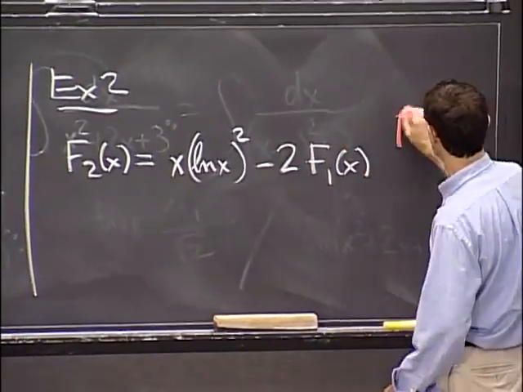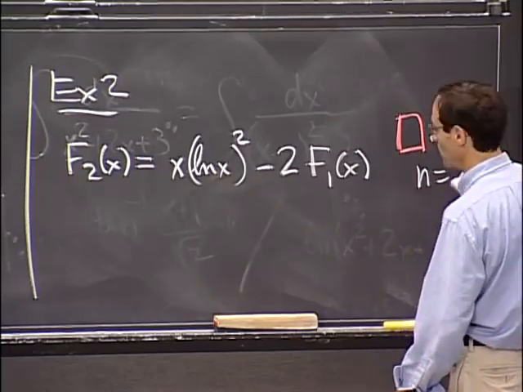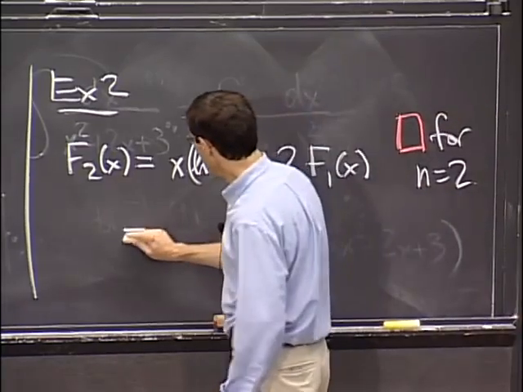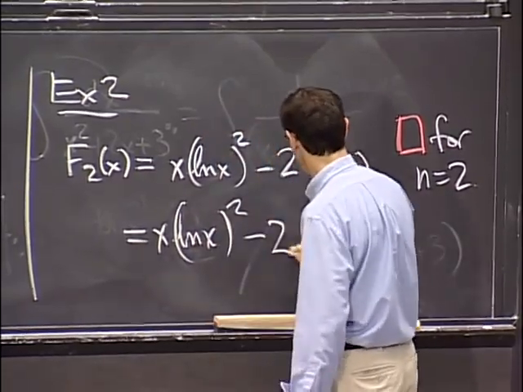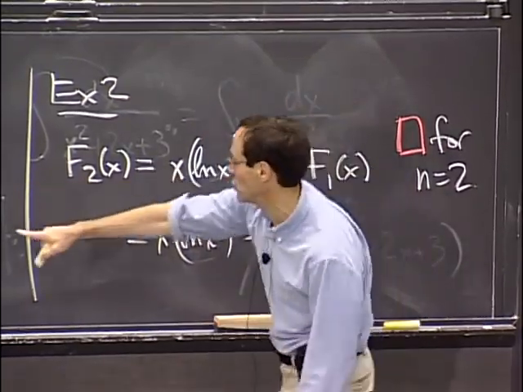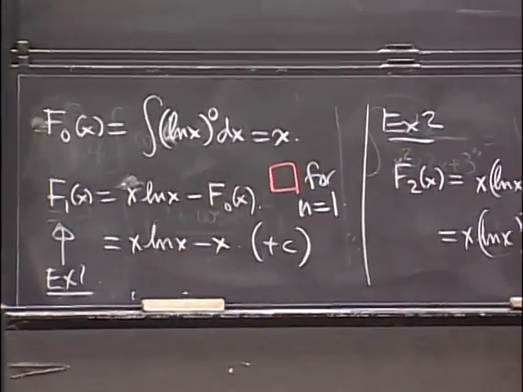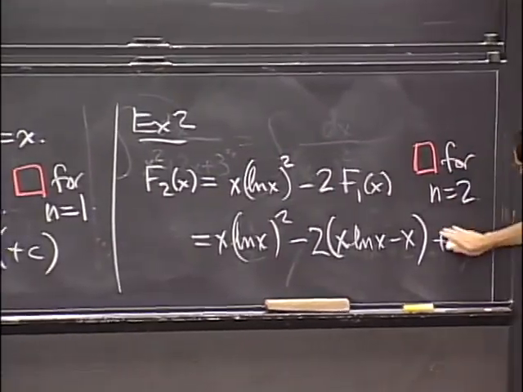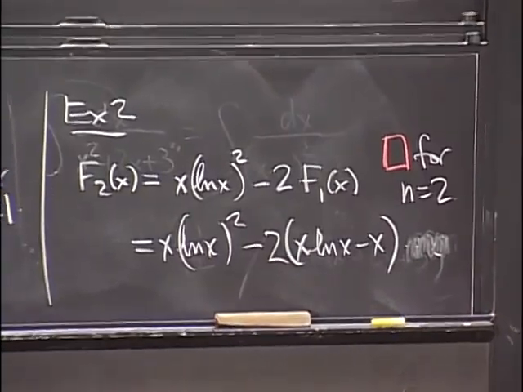Again, this is for n equals 2. And if I plug it in, what I'm getting here is x log x squared minus twice this stuff here, which is right here, x log x minus x, if you like, plus c. So I'll leave the c off. Okay?